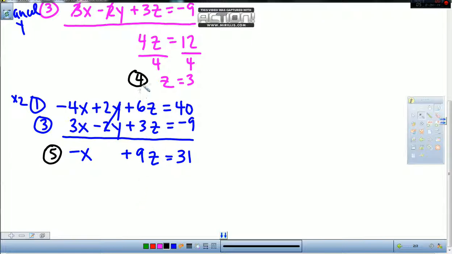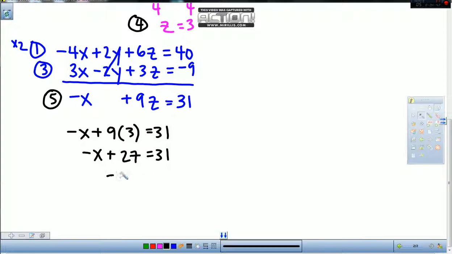So what I can do is bring 4 and 5 together. I'm going to substitute this value for z in here and solve for x. So I have negative x plus 9 times z, which is 3, equals 31. Negative x plus 27 equals 31.